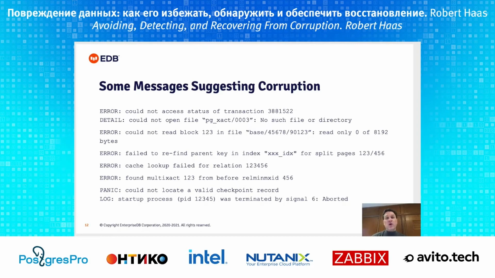Certainly, if you want to know, you can talk with your PostgreSQL support provider if you have one, or make an arrangement with one if you don't have one yet, and they may be able to explain it to you. But even if you don't have access to that information, you can still understand that these don't seem like complaints about things that the user did. These seem like complaints about something that's inside the system. And that's a clue that perhaps you've got a corruption problem.